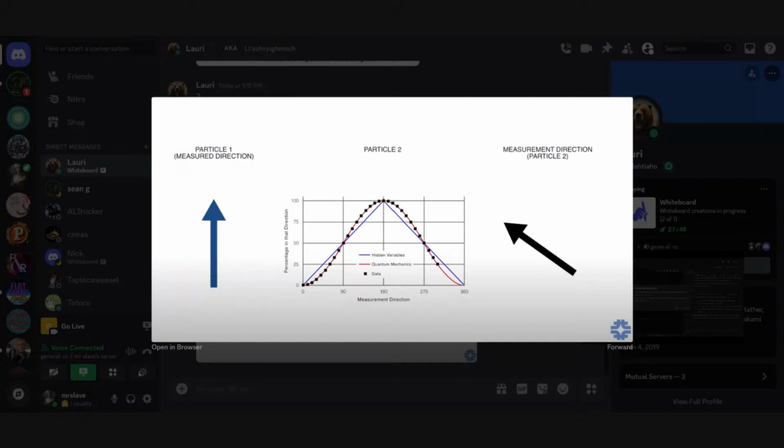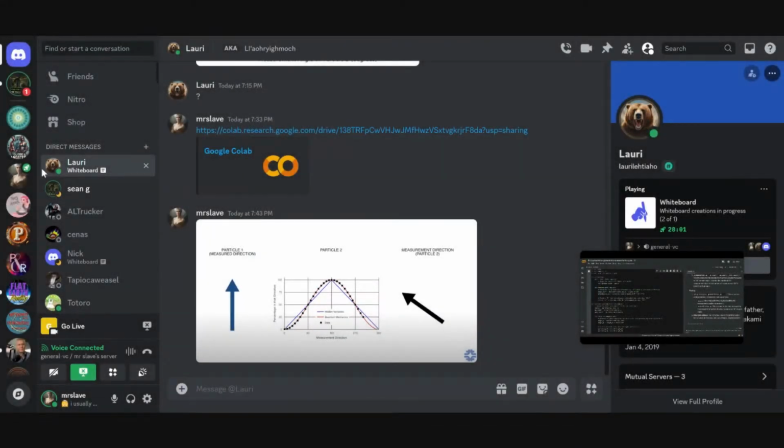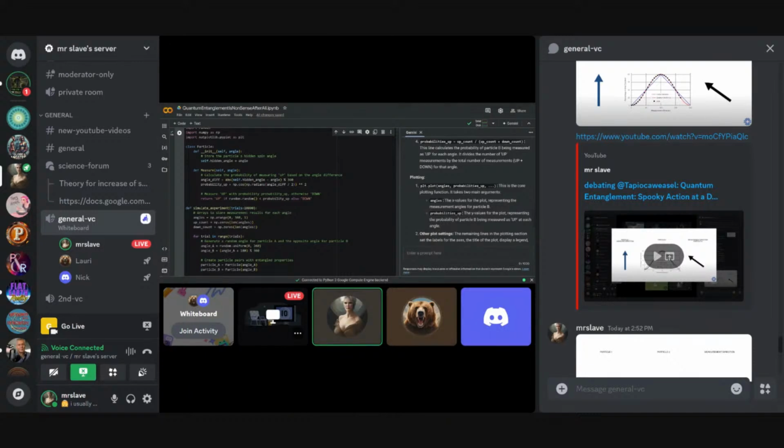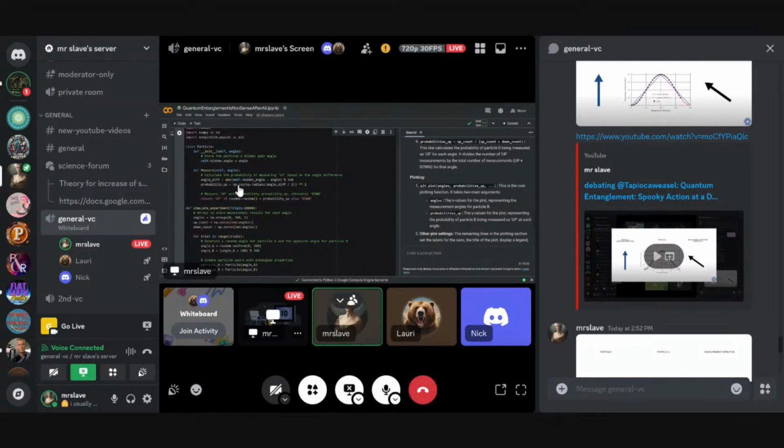So what I would like to see is how can you show that the code here has something to do with the physics of hidden variables? Well, you can look at the code. The most important piece of the code, you can see my stream, is the function measure.